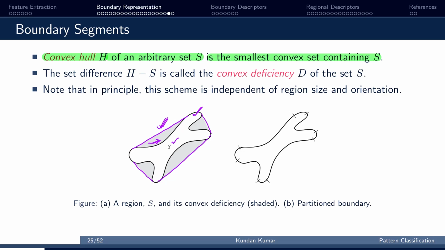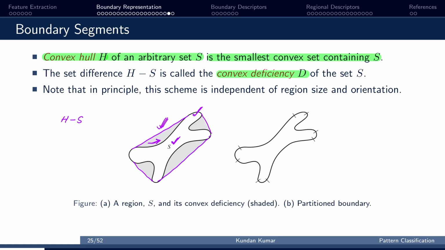And if we take the difference of the convex hull and the set S, which is the pixels enclosed by this boundary, it is called the convex deficiency, which is denoted as D.